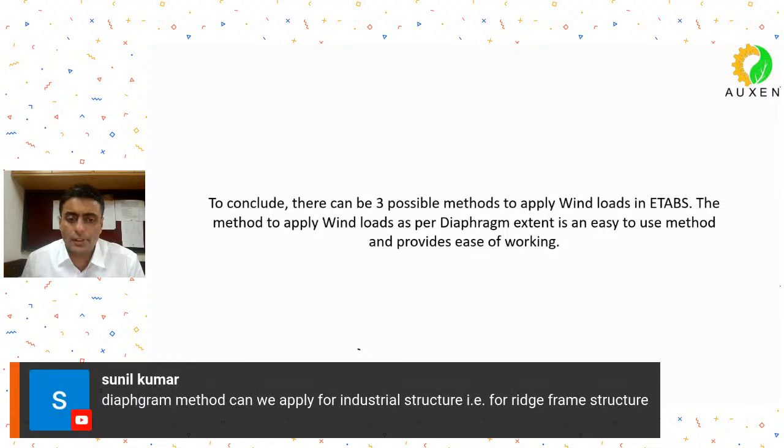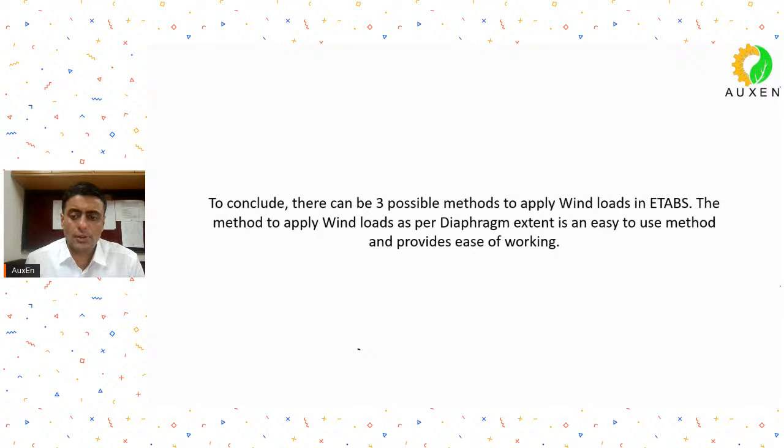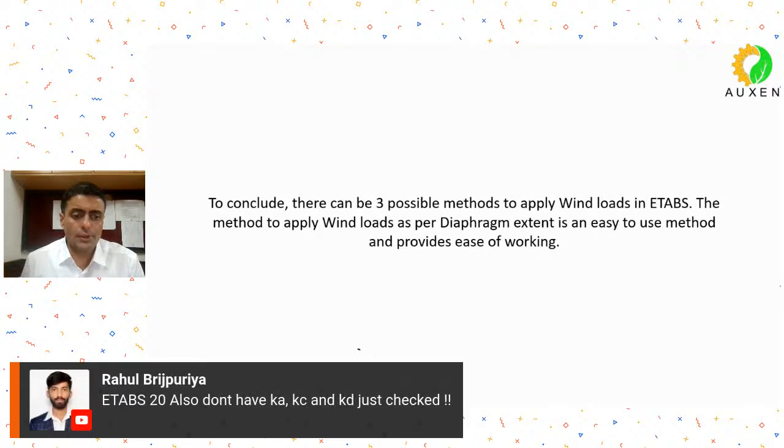Okay, is it clear? So the diaphragm method, in my opinion, is a good method to apply wind loads, especially for your building-like structures. Okay, good. So this is what I wanted to tell you.